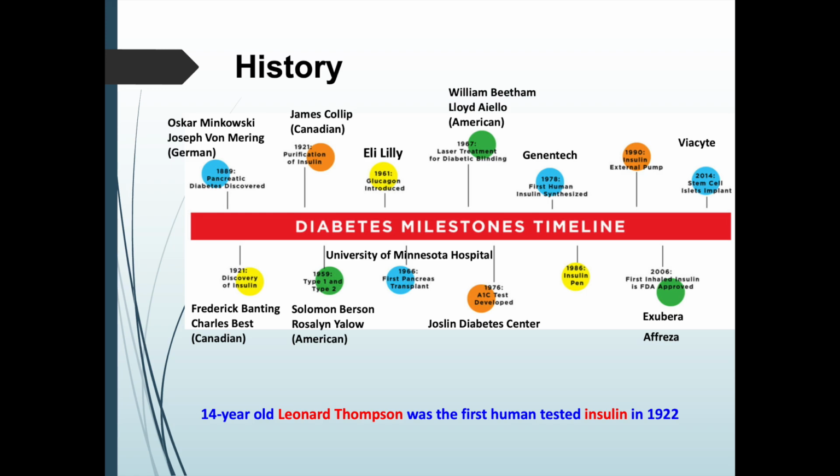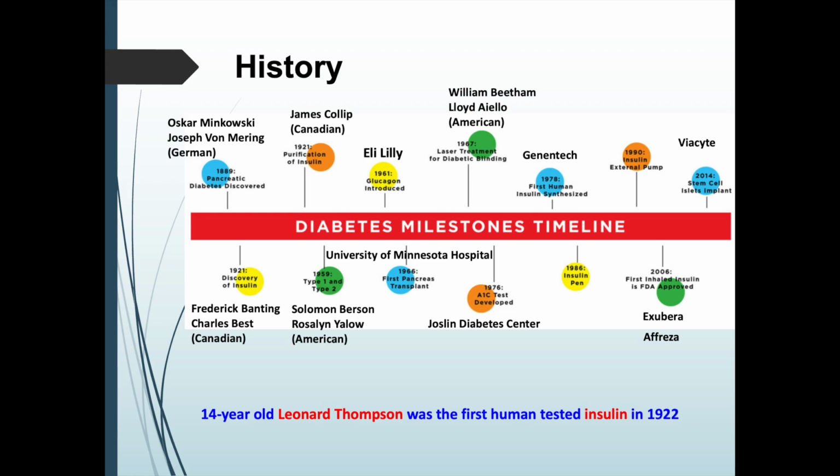Then in 1986, the insulin pen was developed, followed in 1990 by the external insulin pump, which many people use nowadays. The first inhaled insulin, approved by FDA, was developed in the year 2006, with the names Exubera and Afrezza.